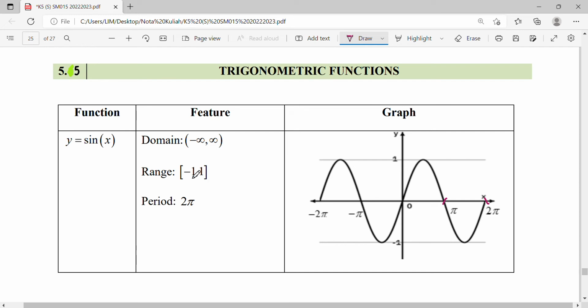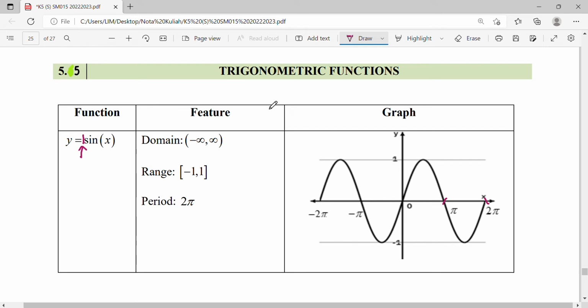Sometimes our graph is not only giving sine x. We notice that if we have a 1 here, the coefficient of the sine means the amplitude of the graph. If this coefficient is 1, it will go up to 1 and go down to -1.